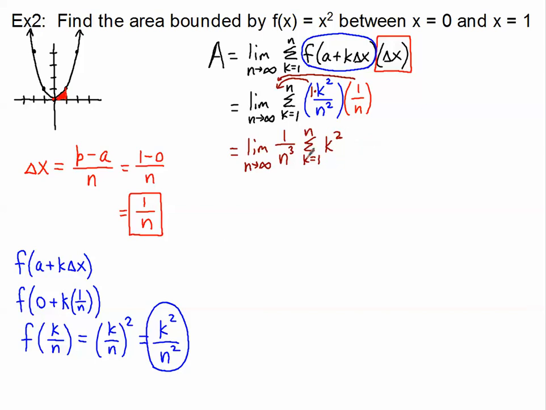Next, I know what this is equal to because I remembered my summation formulas. So I've got my limit as n approaches infinity. I've got my 1 over n cubed. And this is going to turn into n times n plus 1 times 2n plus 1 all over 6. And that comes from a previous tutorial on our summation formulas.